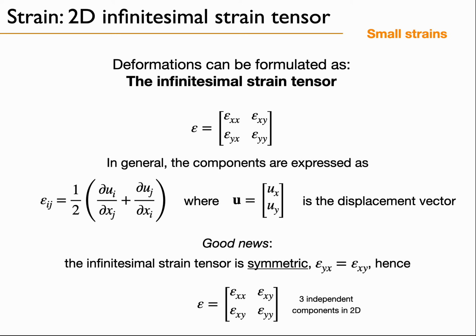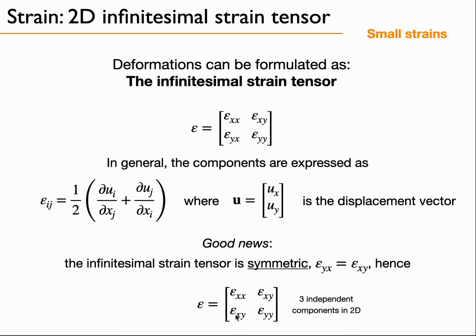The good news is that this infinitesimal strain tensor is symmetric, such that epsilon yx is equal to epsilon xy. And therefore, we can also write it this way: epsilon xx and epsilon yy on the diagonal are the normal strains, and we have epsilon xy as an off-diagonal term, and also at this spot, these are the same values.